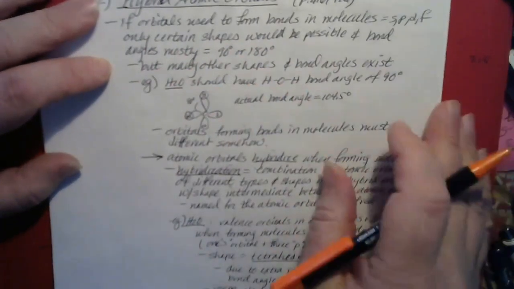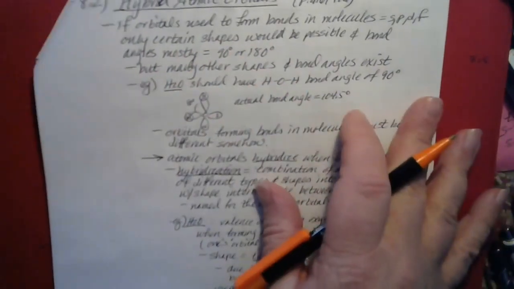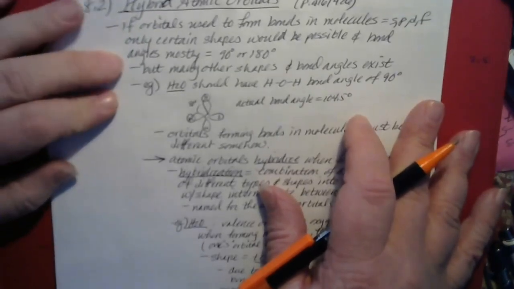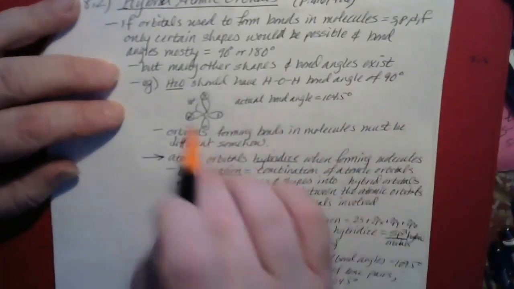Well, we've got all kinds of different bond angles, as we saw. We've got 120 degrees, and we've got 109.5 degrees, and a bunch of other angles too.